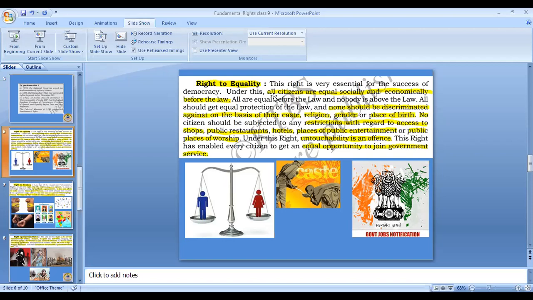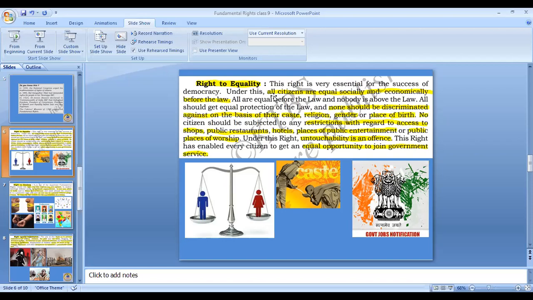Before the Indian Constitution existed, in our Indian society there was the evil practice of untouchability. The superior castes were keeping away the inferior, low castes.